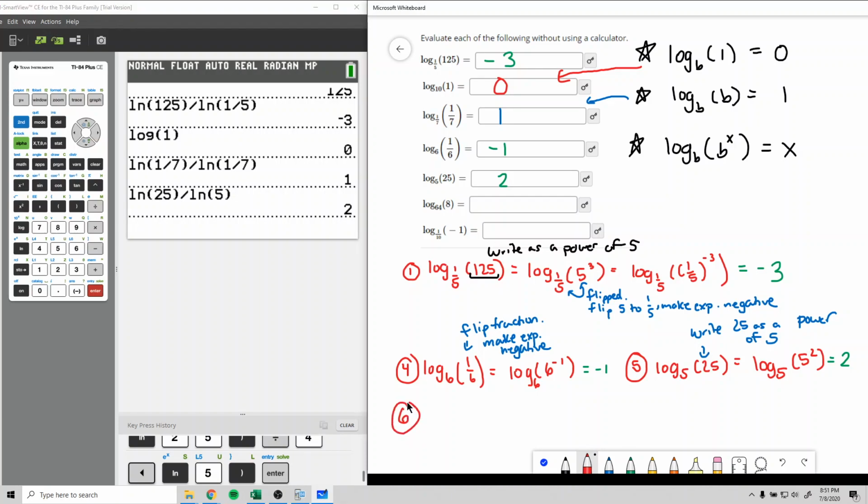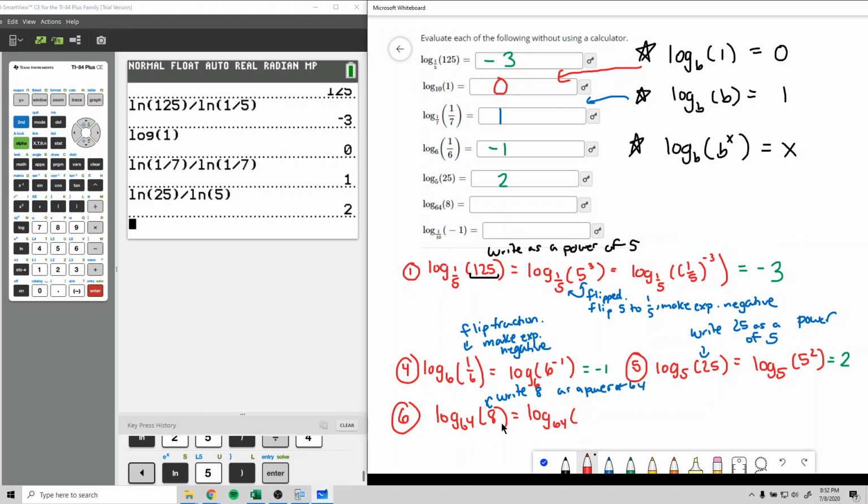The next one, also not perfect for us. We got log base 64 of 8. We got to do the same idea as number 5. We want to write 8 as a power of 64. Now, it's very easy to get this one backwards, because we might say, well, 64 is 8 squared, which is true.